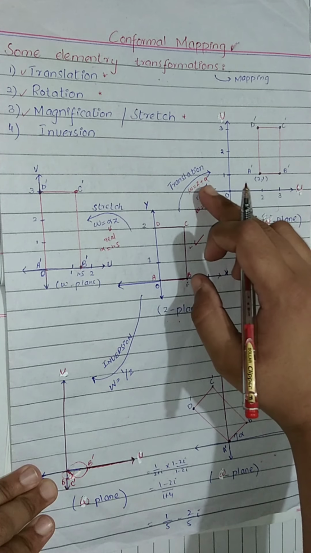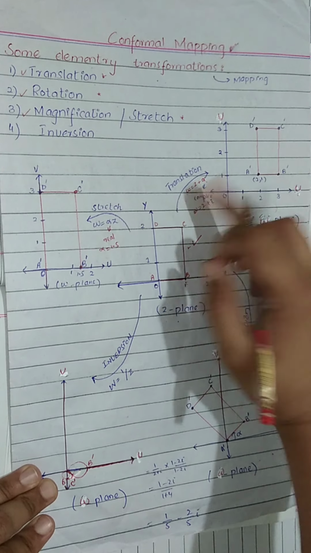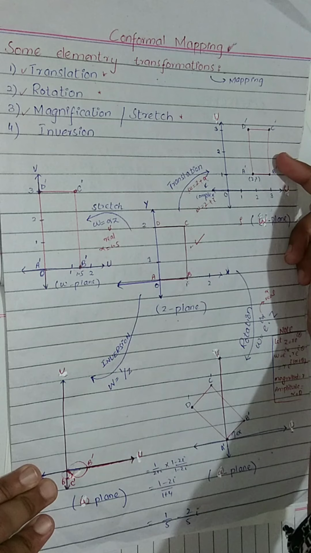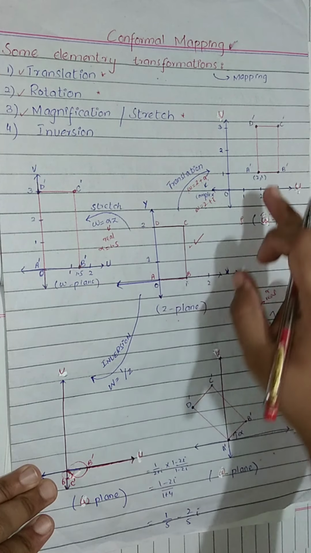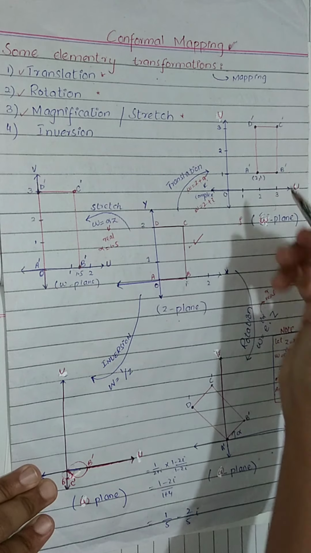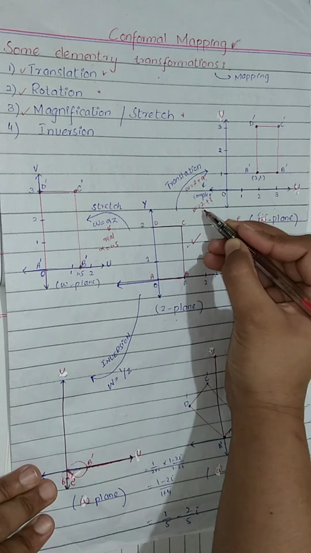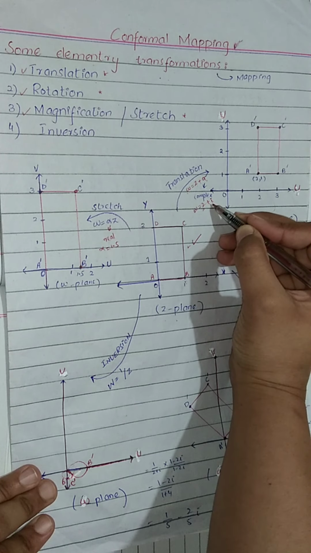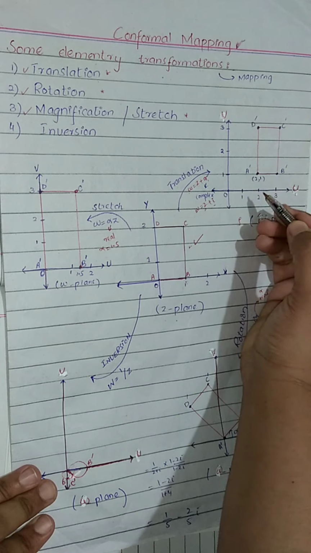When we add any complex number to Z, then this plane will map into the sigma plane and it will move from this point to this point. How? Because we have 2 plus iota, and our point along the x-axis is 2 and along the y-axis is iota, and the iota coefficient is 1, so that's why our A point is 2, 1.